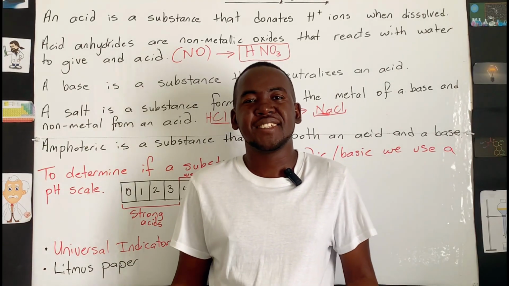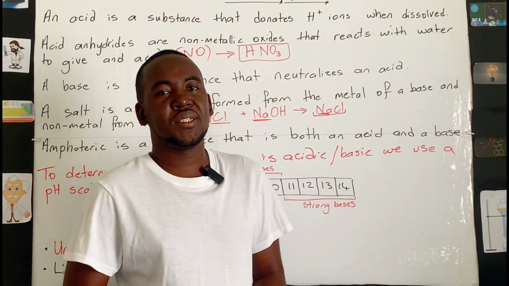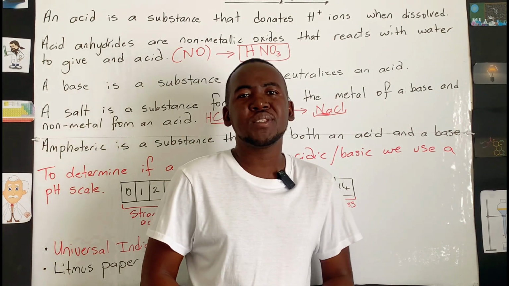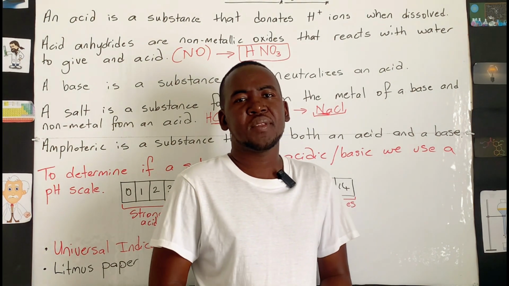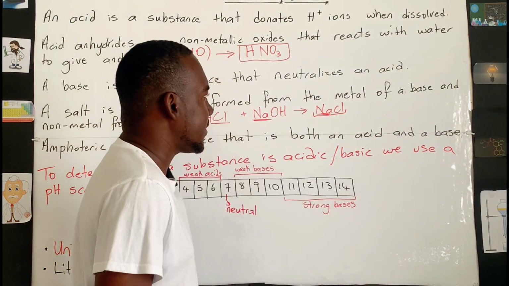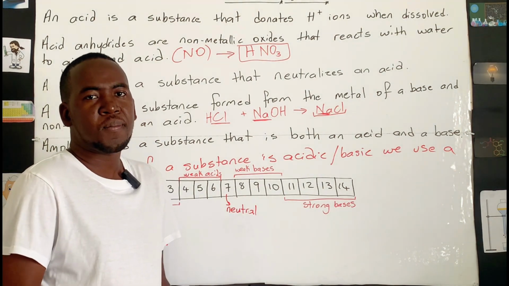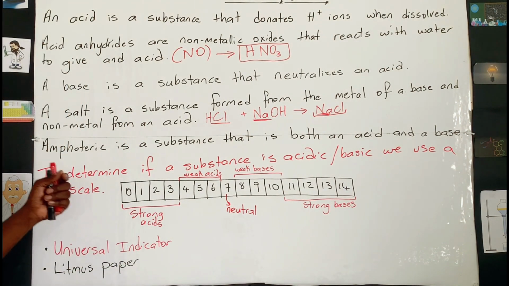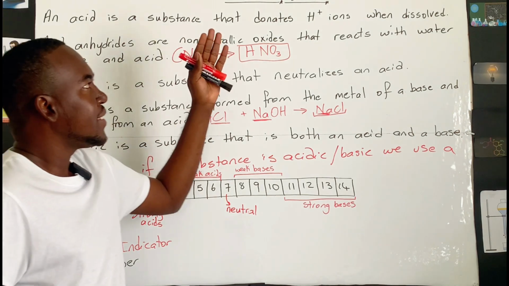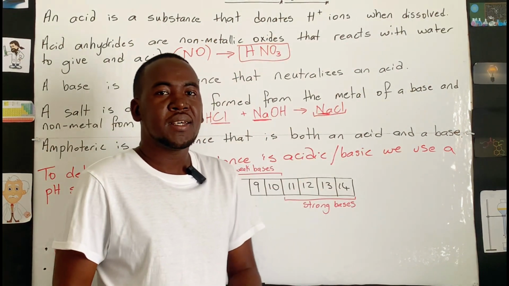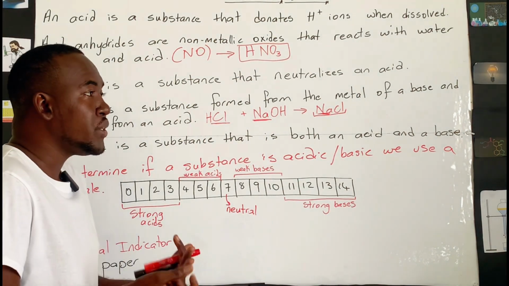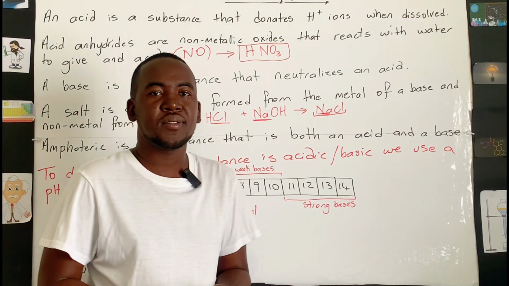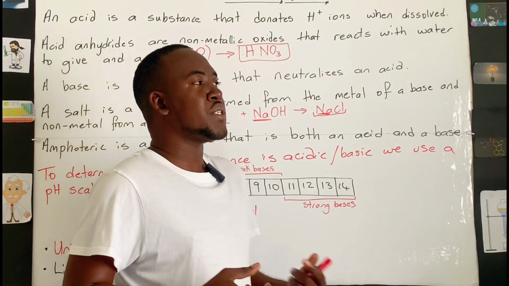Now, the term acids is a popularly used word outside of the realm of chemistry. What exactly are acids? What exactly are bases? The term acid has to do with a substance that, when it is dissolved, produces or donates H plus ions, and H plus ions are hydrogen ions.